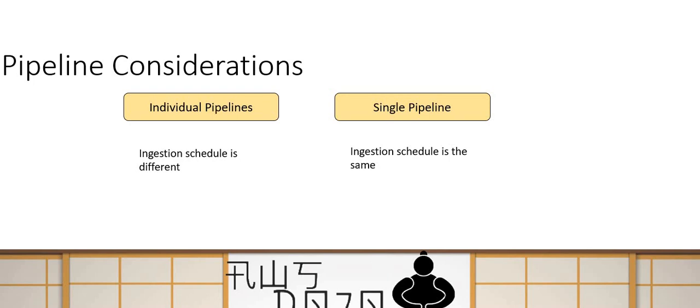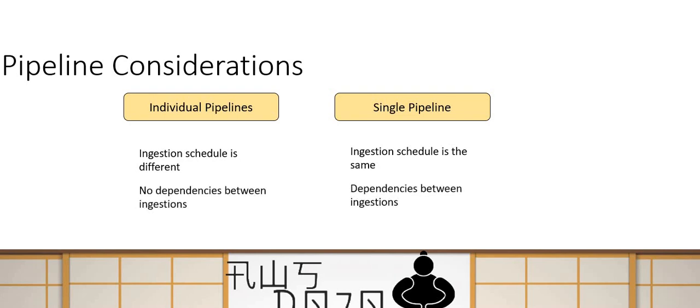So one of the things to consider is schedule: whether each table has its own schedule, or whether a bunch of tables can be put into one schedule. That's one way of deciding whether to go for individual pipelines or a single pipeline.